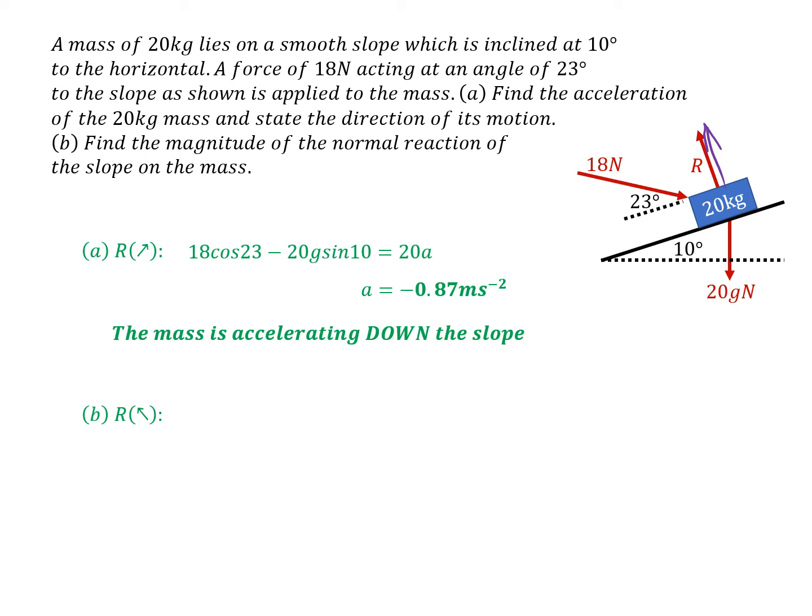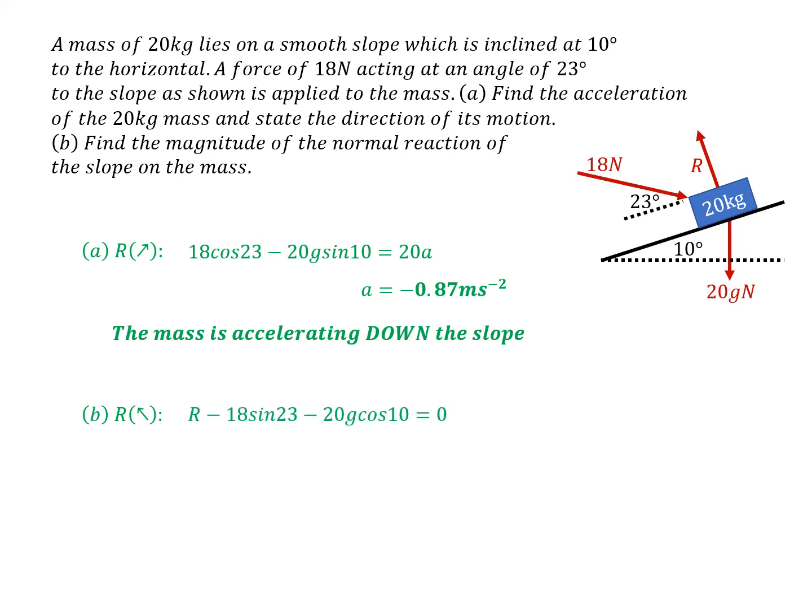The 18 newton force has got a component perpendicular to the plane, which is in the opposite direction to the normal reaction. That's 18 sin 23. And the 20g force has got a component perpendicular to the plane, which is 20g cos 10.